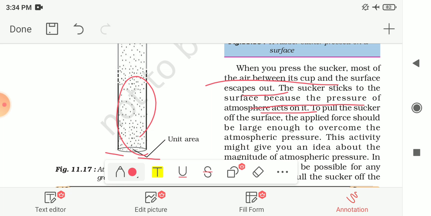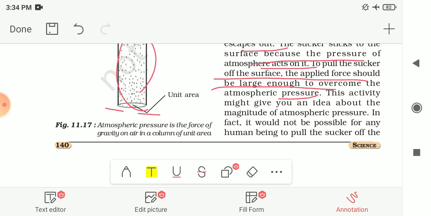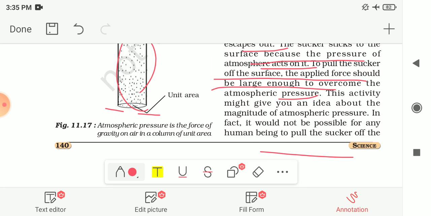To pull the sucker off the surface, the applied force should be large enough to overcome the atmospheric pressure. That is why we have to apply that much force, which overcomes the atmospheric pressure.